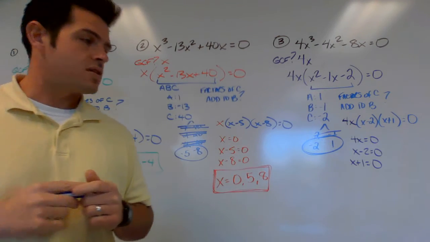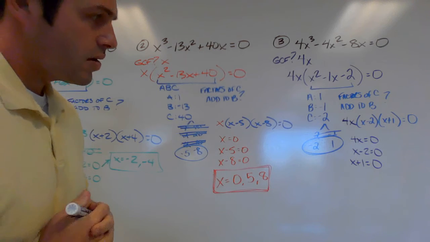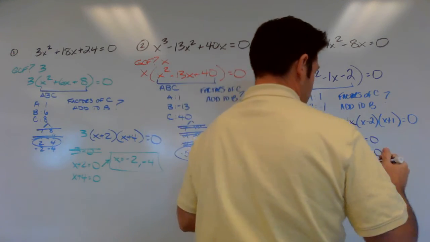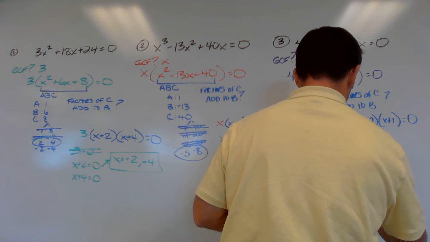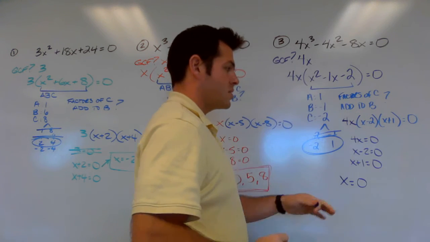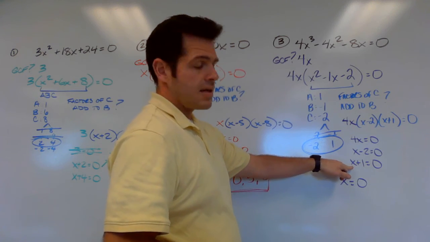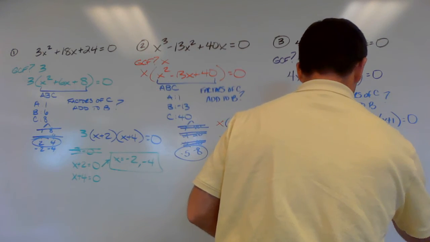I got 4x is equal to 0, x minus 2 is equal to 0, x plus 1 is equal to 0, and from that my three solutions would be x is equal to 0, x is equal to 2, and x is equal to negative 1.